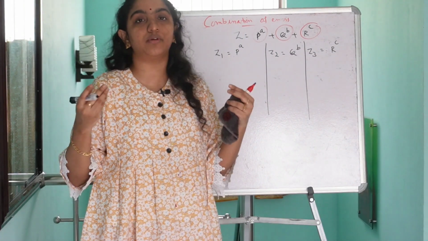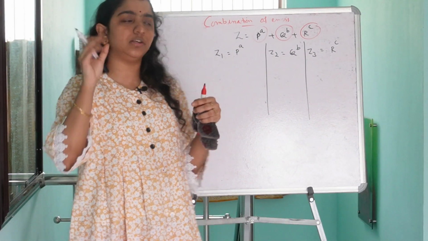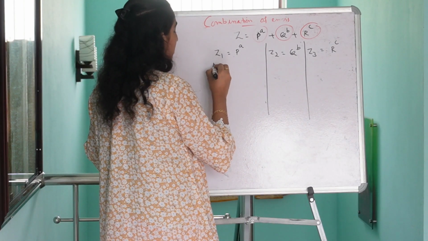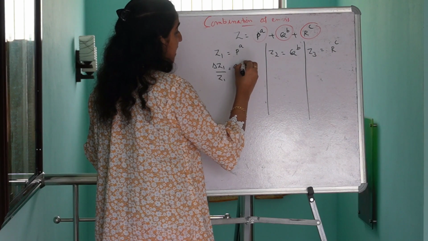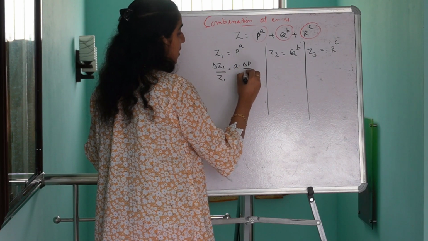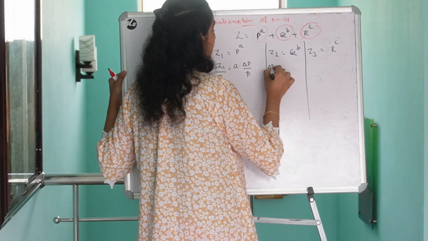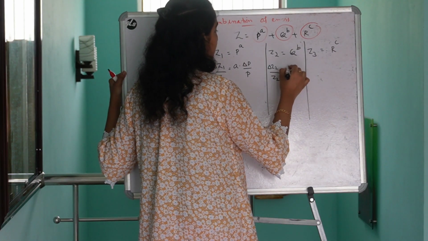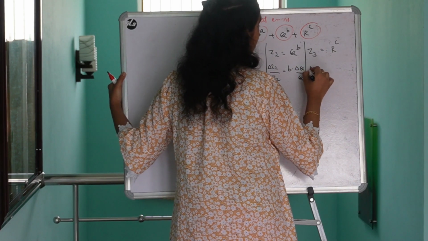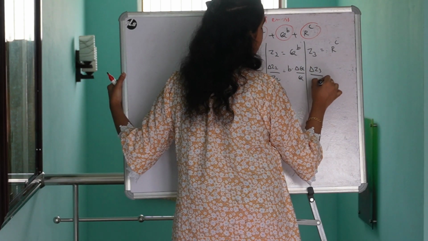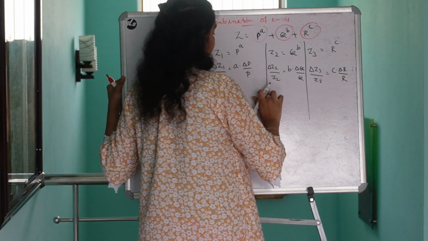When we are finding the power of a physical quantity, what is the relative error involved in it? The relative error in the resultant is nothing but the power value into the relative error of the individual measurement. Similarly here also del Z2 divided by Z2 is equal to B into del Q by Q. Here also del Z3 divided by Z3 is equal to C into del R by R. Is it clear, guys?